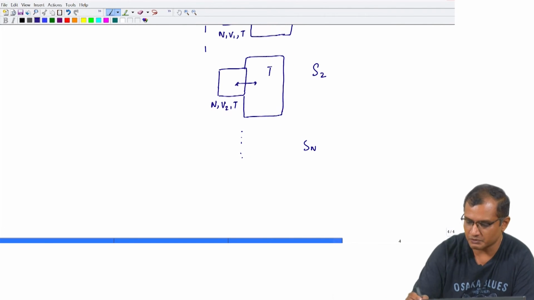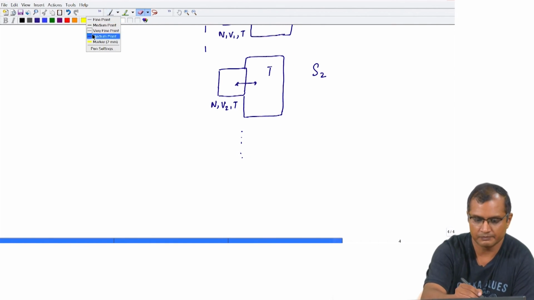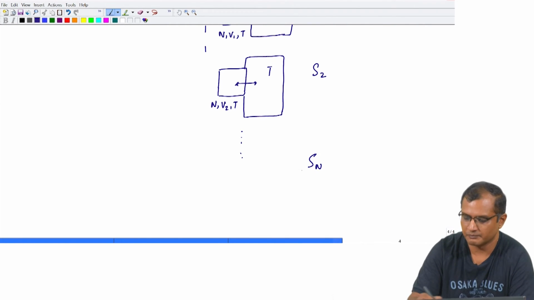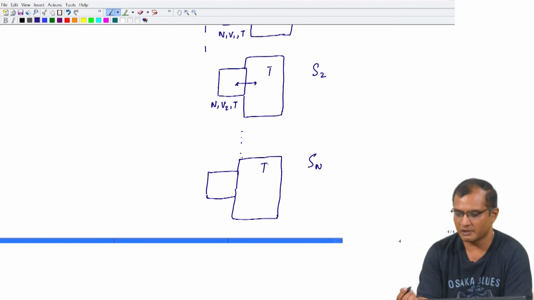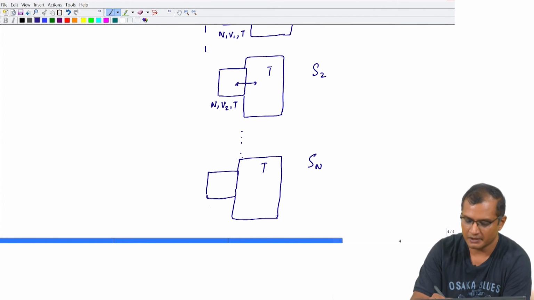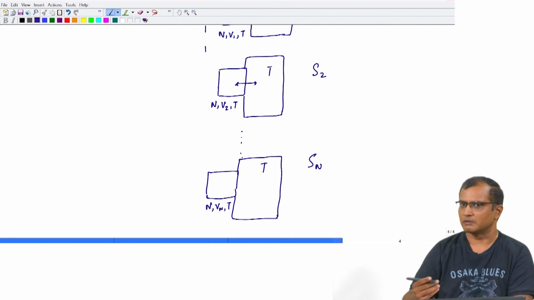Let me show the nth system also. The nth system is also connected to a reservoir at temperature T, with the same number of particles, and the volume of this system is Vn, some value I do not know.